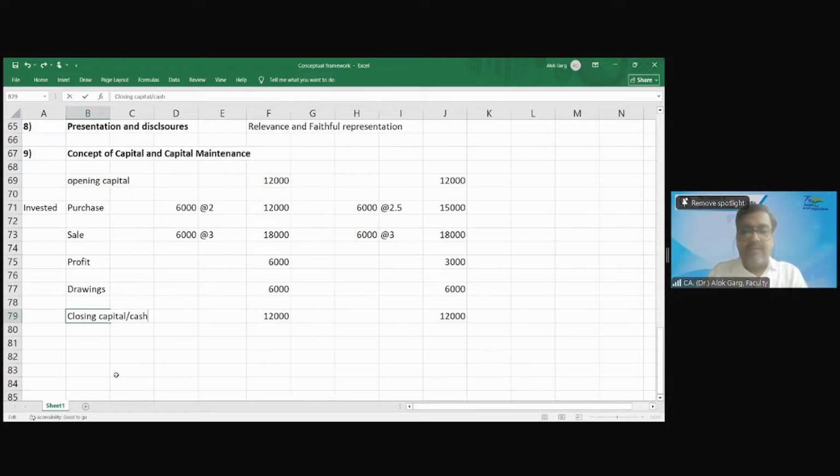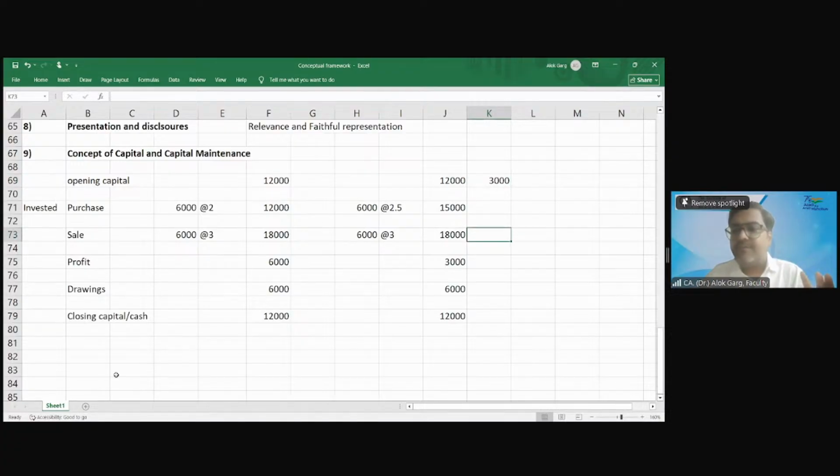But is this a right number? This 12,000 is the right number. आपका यहाँ पे डेफिसिट है 3,000 का. You can just think about, you have not invested 15,000 rupees. You have invested 12,000 rupees as a capital. So probably you must have taken 3,000 rupees as a liability. मतलब अगर मैं असूम करूं मुझे 6,000 क्वांटिटी परचेज करनी है एट द क्लोजिंग वैल्यू जो कि 2.5 रुपए की है, तो इसका मतलब मैंने 3,000 की लायबिलिटी ली होगी, है ना?